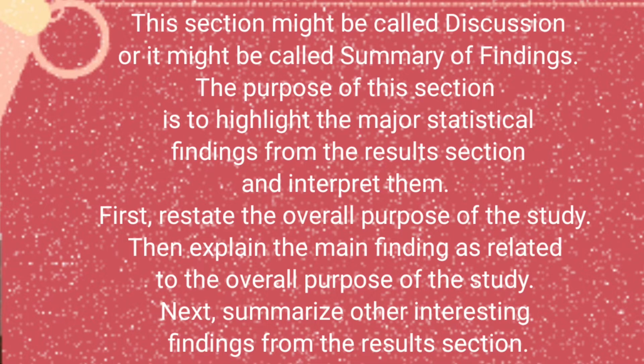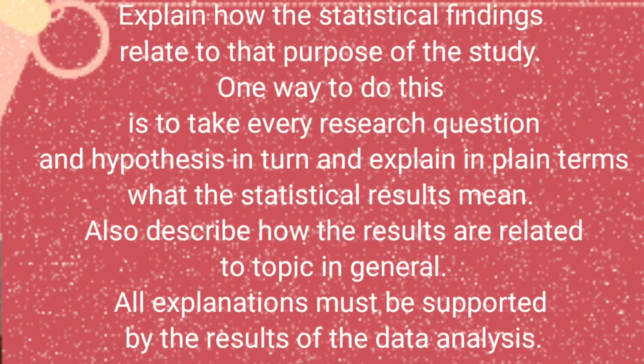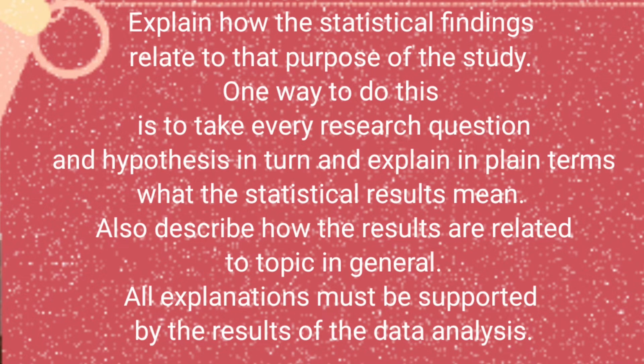Paano yung gagawin? First, restate the overall purpose of the study. Then, explain the main finding as related to the overall purpose of the study. Next, summarize other interesting findings from the results section. And then, explain how the statistical findings relate to that purpose of the study.